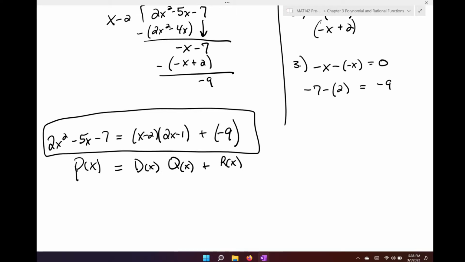The only other technique that I want us to go over is actually my favorite thing to do, which is synthetic division.